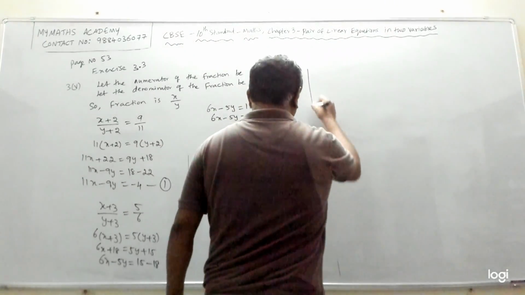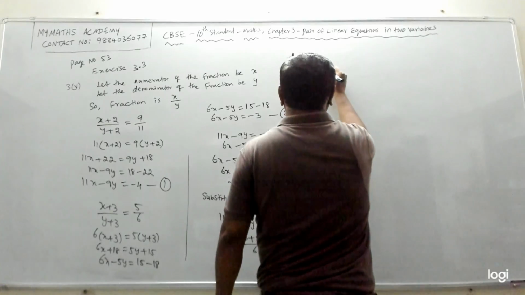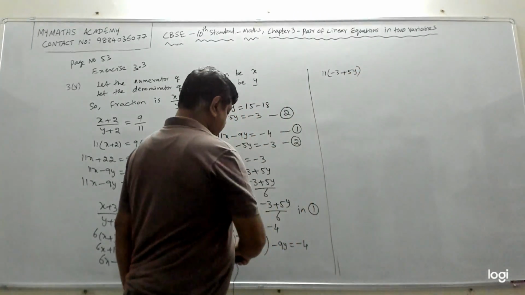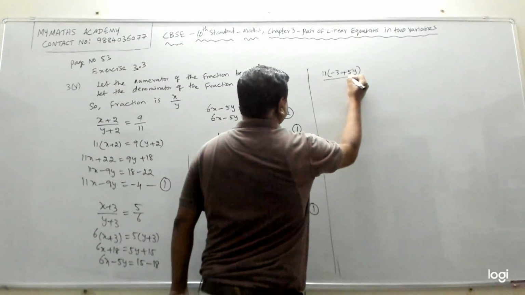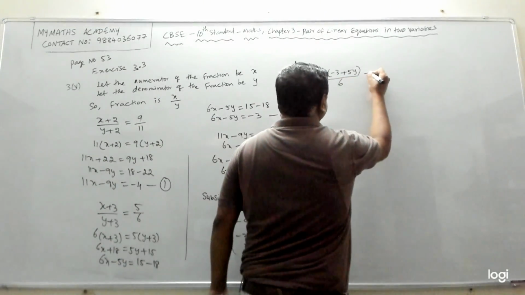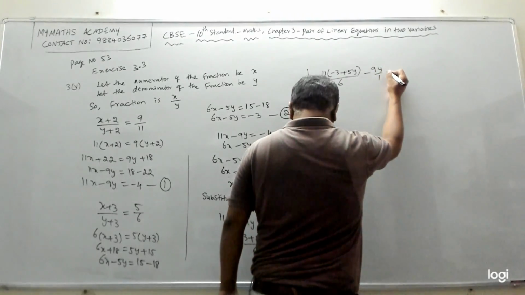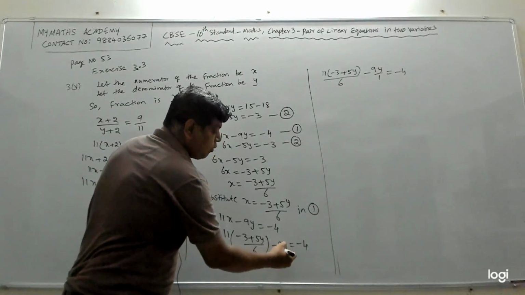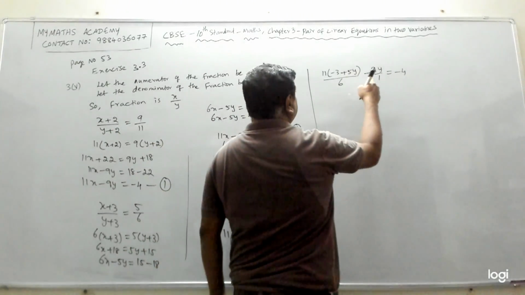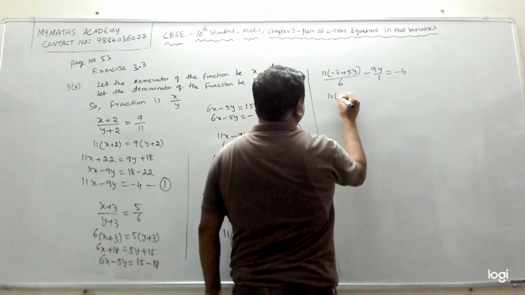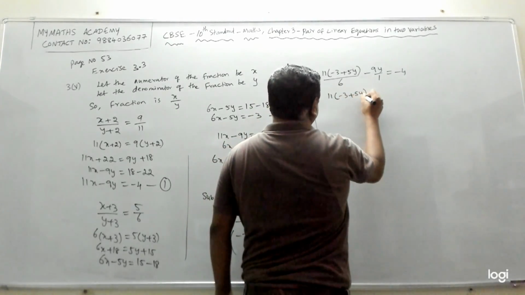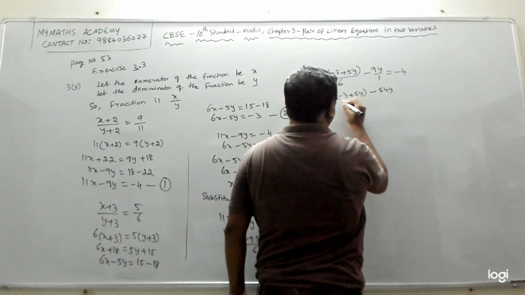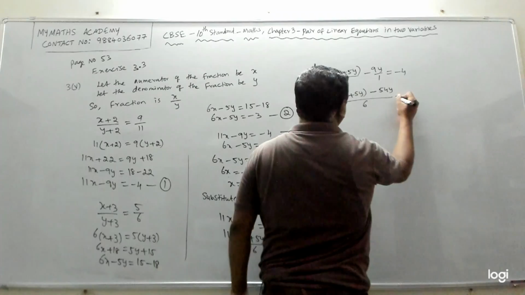Fine. Now, so what we get? This can be written as 11 into minus 3 plus 5y by 6 minus 9y by 1 equal to minus 4. I told you, nothing is there, then by 1 is there. 9y means 9y by 1. Now multiply: 11 into minus 3 plus 5y, minus 6 into 9 is 54y, by 6 times 1 is 6, equal to minus 4.